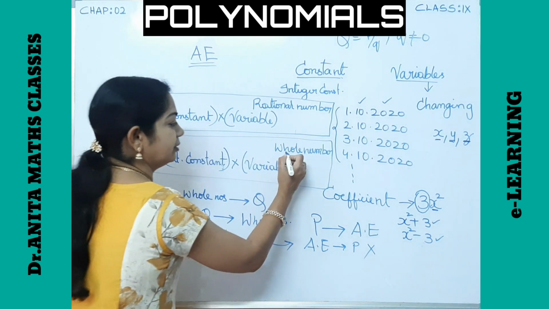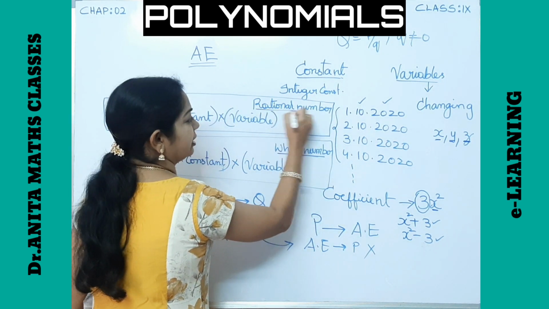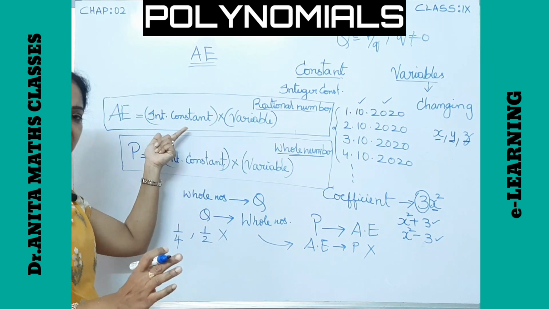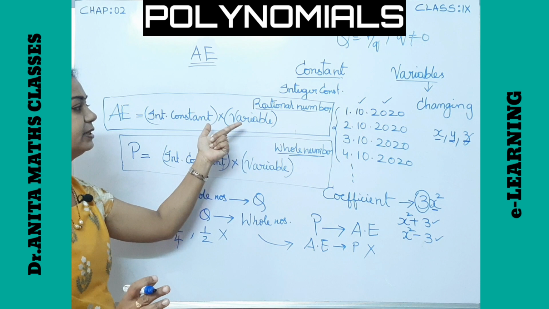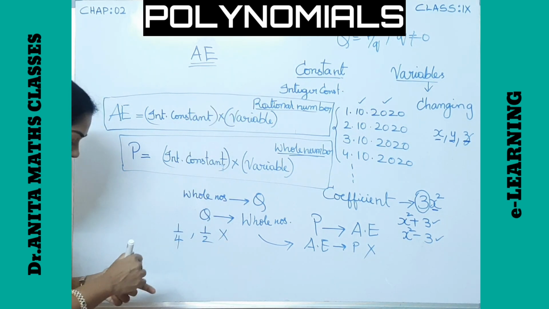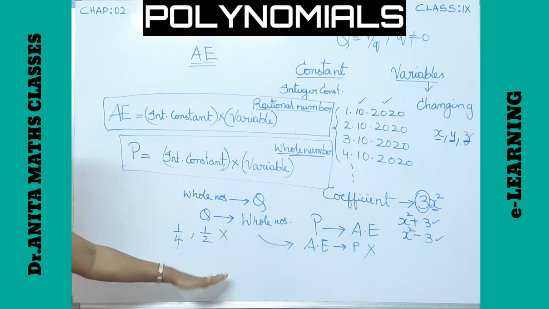That point you need to stress upon. This is very important. Whereas an algebraic expression is nothing but a constant, a coefficient, into variable raised to the power of a rational number. Please take a screenshot or note it down.